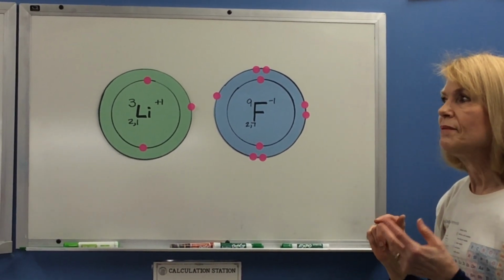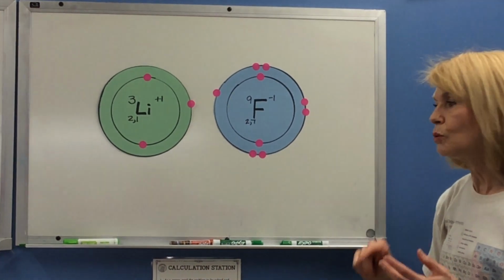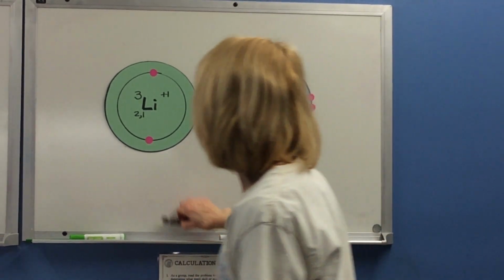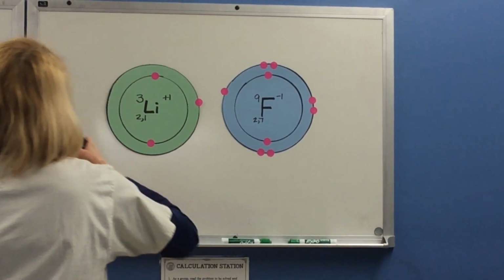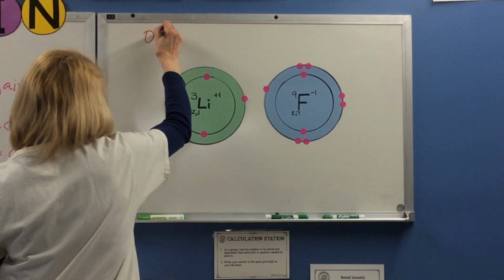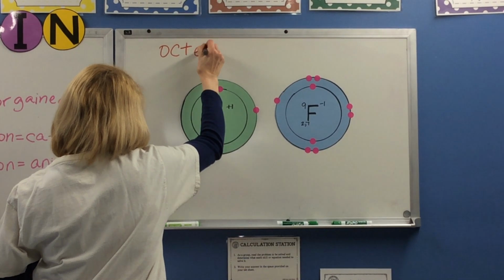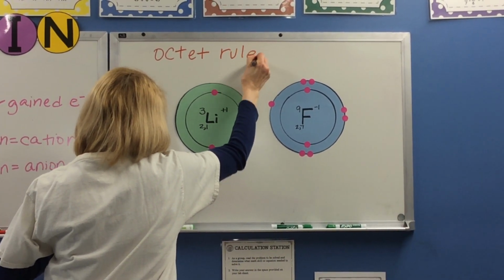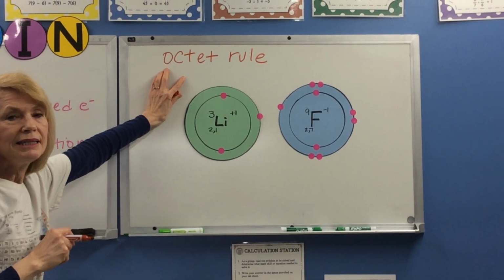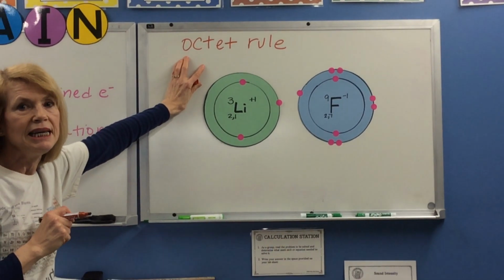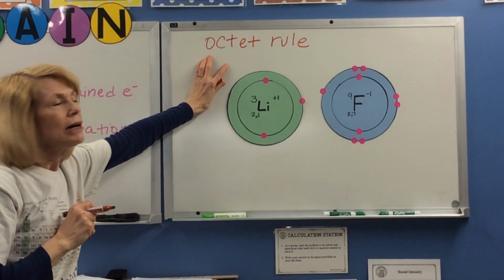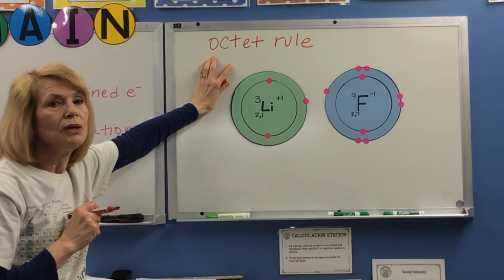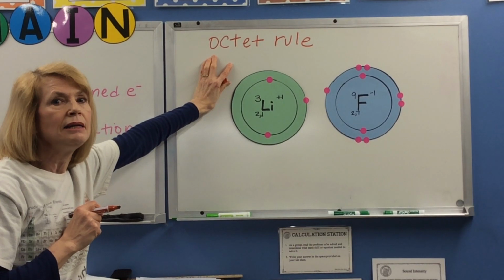So we've talked before about electrons wanting to have a full outer shell. It's something called the octet rule. You recognize the prefix oct. Even though October is the 10th month, it means 8, like an octopus or an octagon.